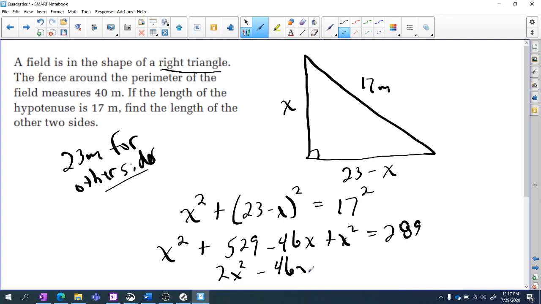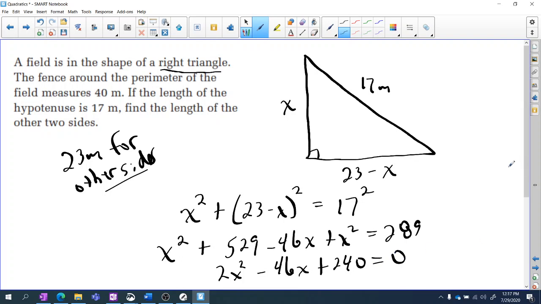Take away 46x. Bring this over here. So 529 take away 289 gives you 240. It would be positive. So that's now equal to 0.